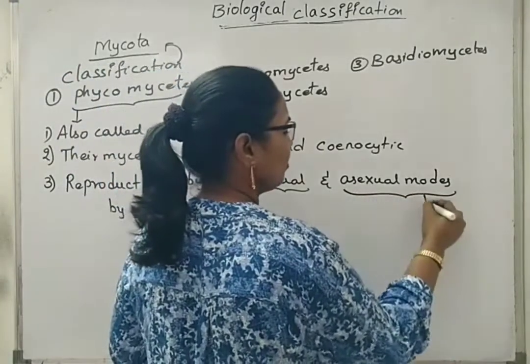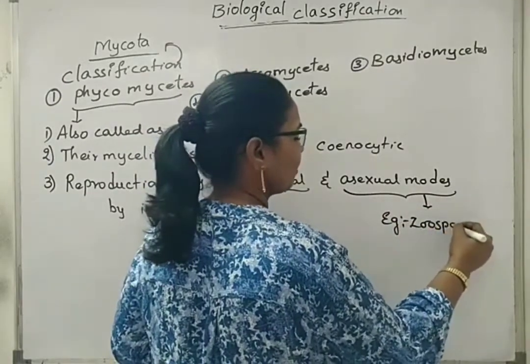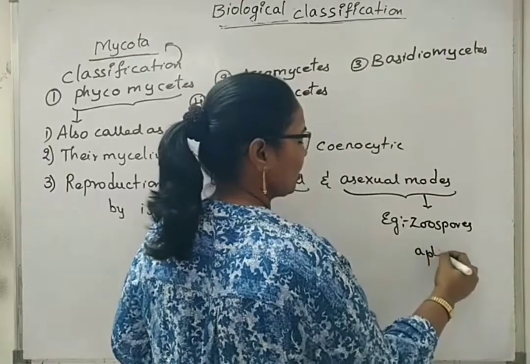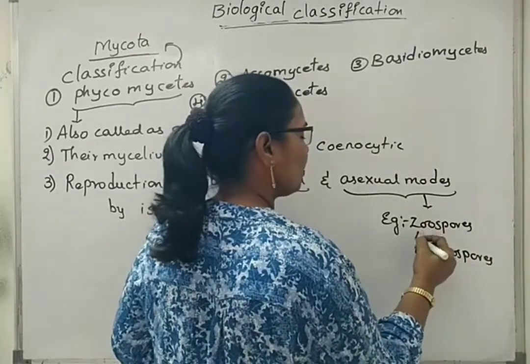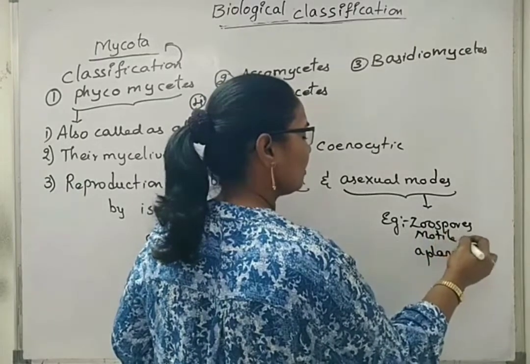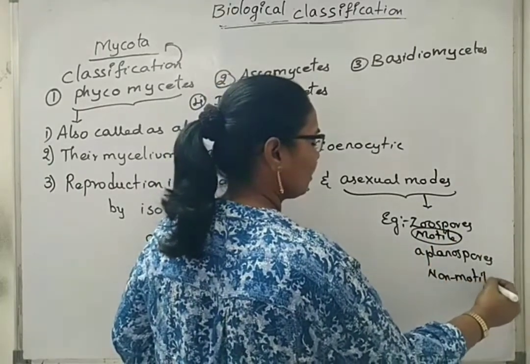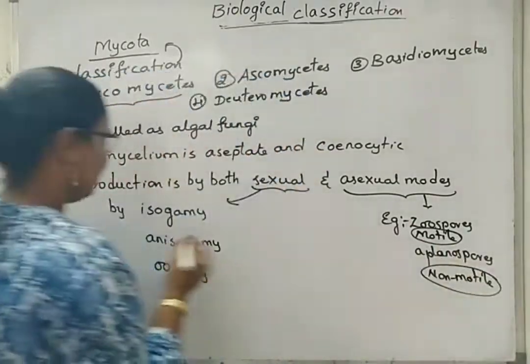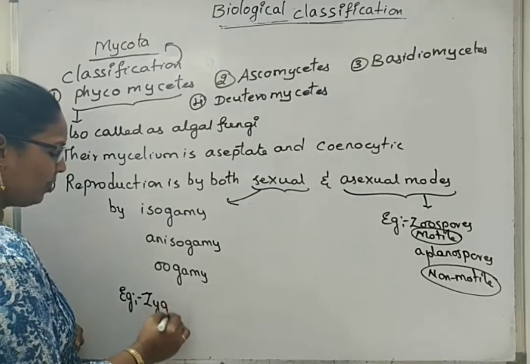Under asexual modes, we see examples like zoospores and aplanospores. Here, zoospores are motile forms. Aplanospores are non-motile forms. Under sexual forms, examples are zygospores.